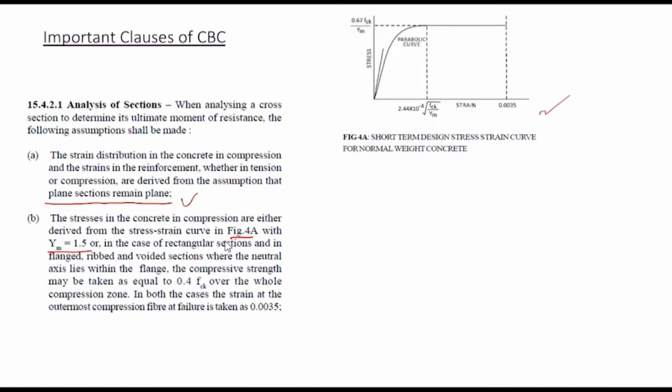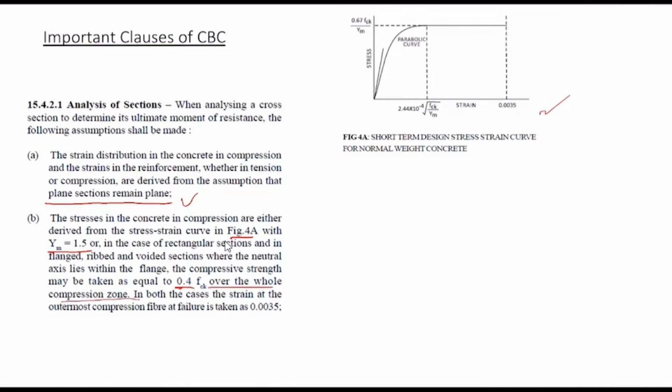Also as per IRC, in case of rectangular section, in flanged and voided section where the neutral axis lies within the flange, the compressive strength may be taken as 0.4 fck over the whole compression zone.